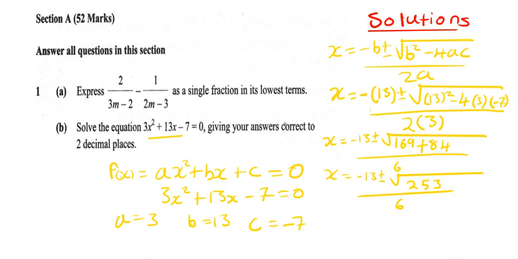So you say x is equal to negative 13, positive or negative, what is the root of 253? So you press on the root, you say the answer is 15.9059737 over 6 down there.